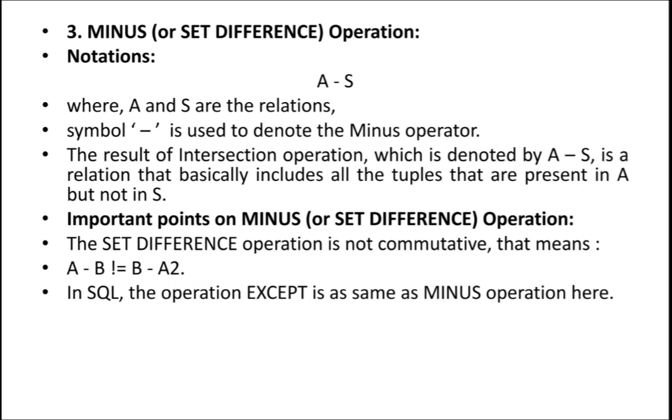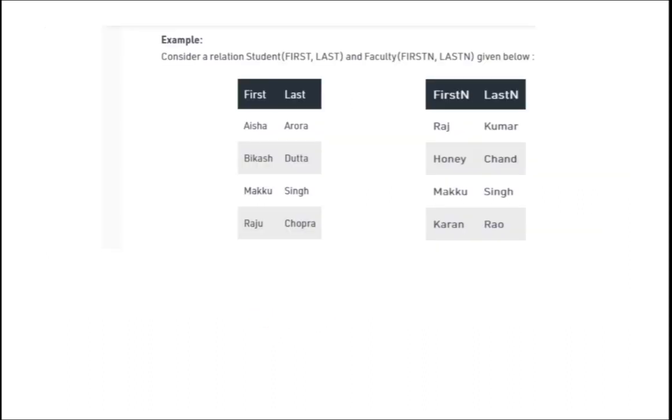In SQL, the minus operation is implemented using the operation except. In relational algebra it is a minus operation, but in SQL the same set difference operation is called except. So I will explain these three operations in detail now.